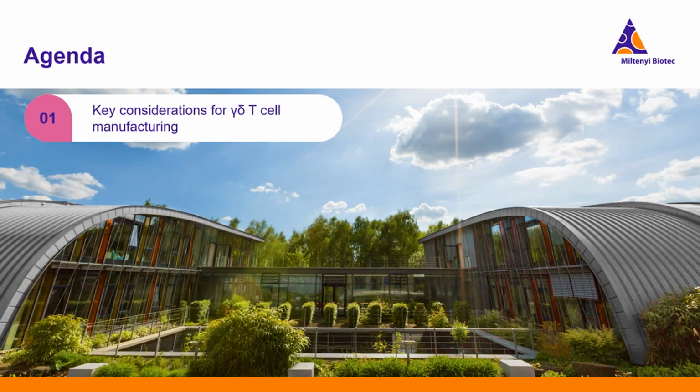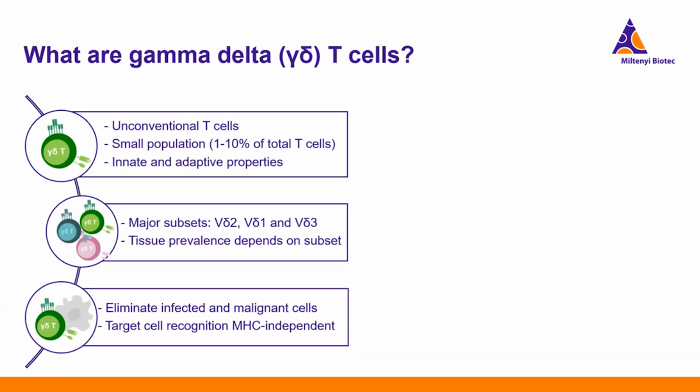Before we jump into the key considerations for gamma delta T cell manufacturing, I would like to take some minutes to go over some biological aspects of gamma delta T cells, as well as the clinical landscape for gamma delta T cell therapy. So what are gamma delta T cells? Gamma delta T cells are known as unconventional T cells because they can express both innate and adaptive properties.